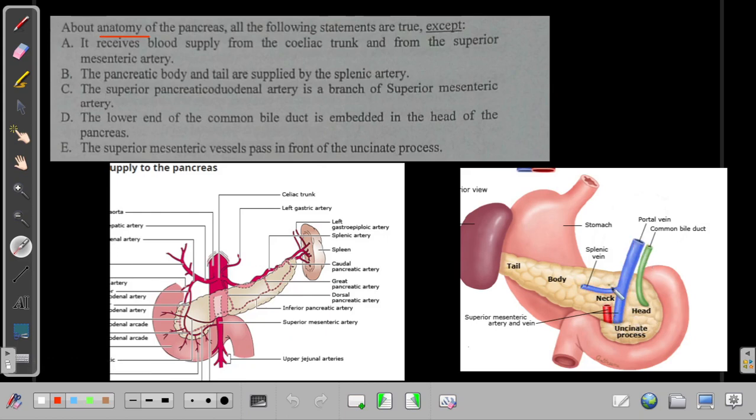And you notice that the superior mesenteric vein and artery run in front of the uncinate process of the pancreas. The superior mesenteric vessels pass in front of the uncinate process. That is true. So in this question, the exception, the untrue statement, is C. The superior pancreatico-duodenal artery is a branch of the gastroduodenal artery, not from the superior mesenteric artery.